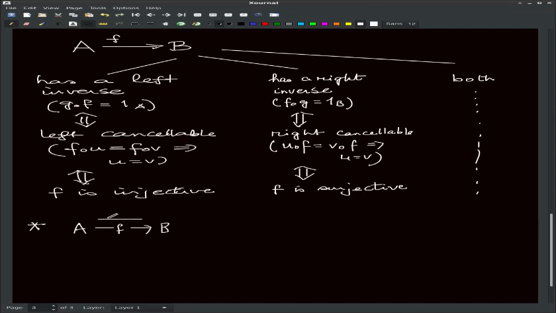So if that is the case, g is the left inverse and h is the right inverse.